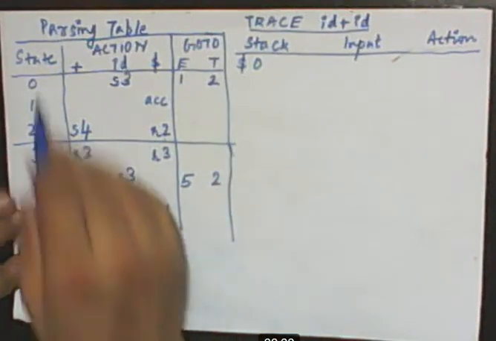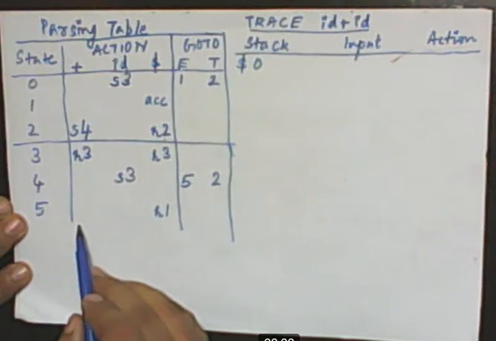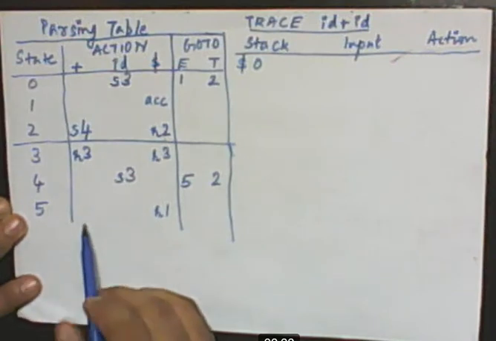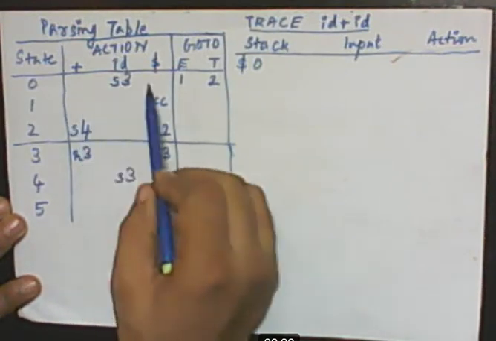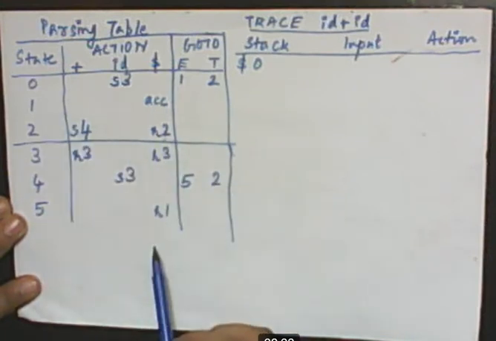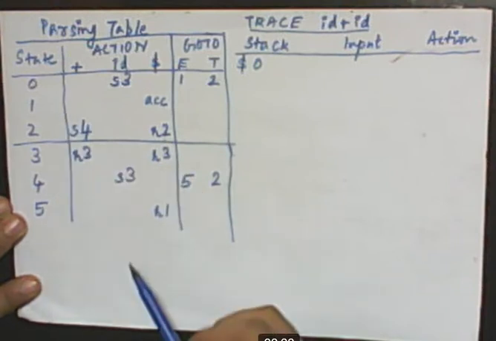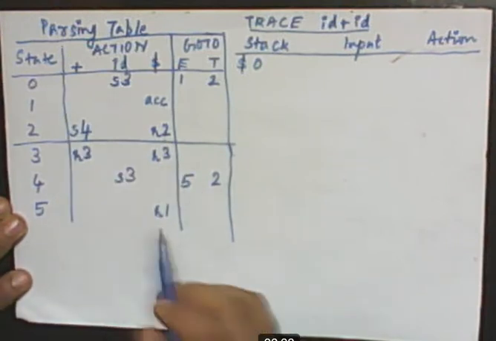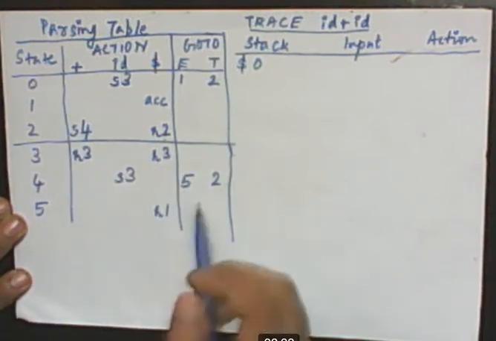So as we have constructed this parsing table, you would have noticed there are so many blank spaces across this action section, which stands for more rigorous treatment of those reduction operations.